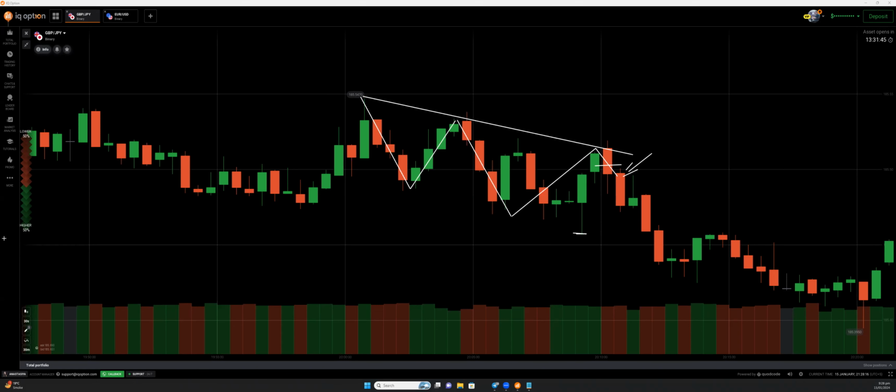After that, with the same 5 minute expiry, we can use supply and demand. The supply and demand also we are trading with 5 minutes. Support and resistance, we are trading with 1 minute expiry, but supply and demand, we will trade with 5 minute expiry. So the zigzag condition must be important in supply and demand.